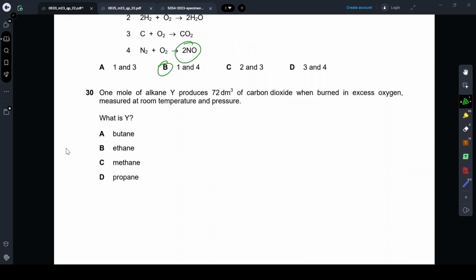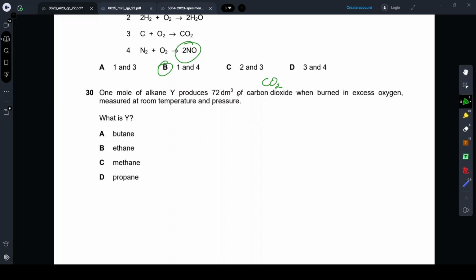So 1 mole of alkane Y produces 72 decimeter cube of carbon dioxide when burned in excess oxygen, measured at room temperature and pressure. What is Y? Alright, if you're talking about complete combustion, we're talking about carbon dioxide, that's CO2, right?